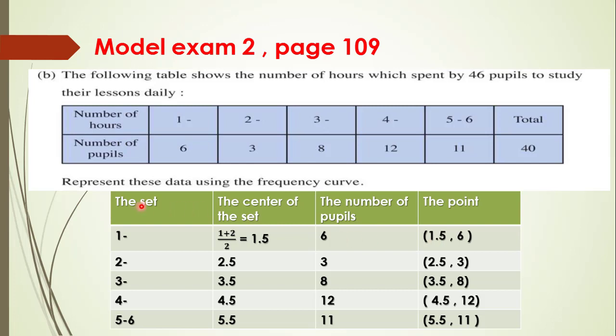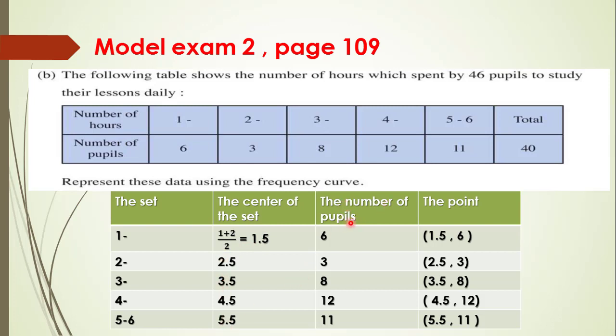So here we have the sets as same as the first table, 1 to 2, 2 to 3, 3 to 4, 4 to 5, and 5 to 6. The center of the set will be the upper limit plus the lower limit over 2, or the midpoint between 1 and 2, between 2 and 3, and so on. So the centers of the sets will be 1.5, 2.5, 3.5, 4.5, 5.5.